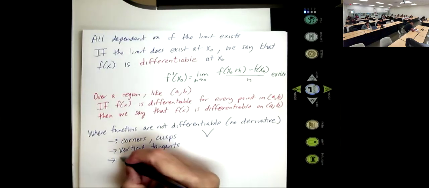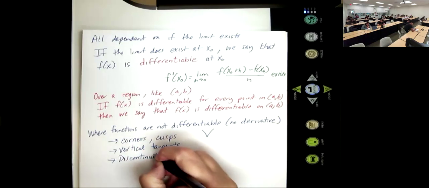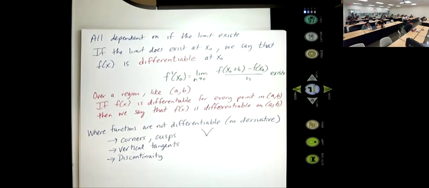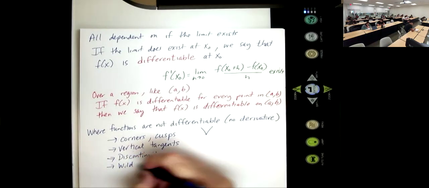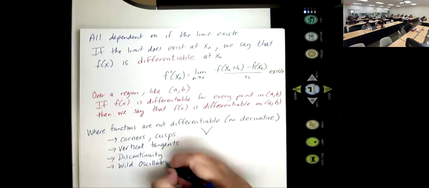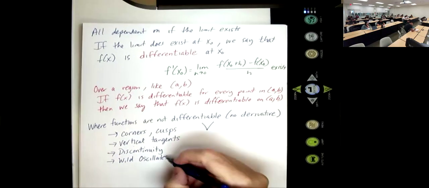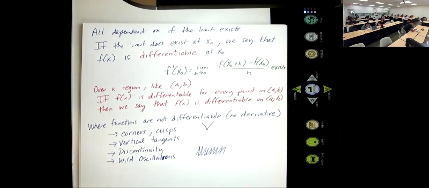At discontinuities, of course, if there's no point there, it's not continuous there. And this one is a little hard to, like, it happens, but if the graph oscillates wildly there, wild oscillations, just rapid back and forth, the derivative may not exist there.